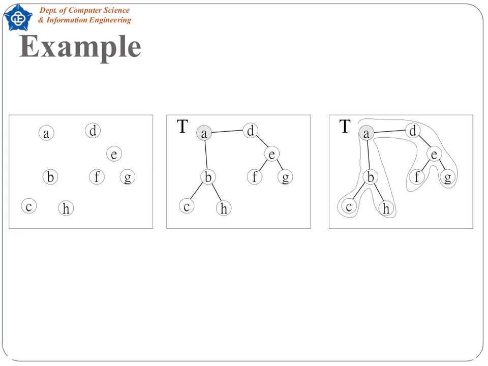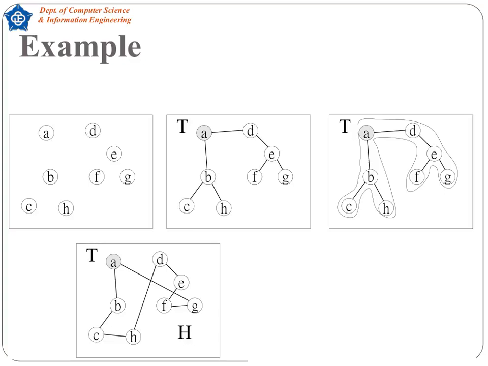One bag contains A, B, D, another contains D, E, F, G, and a third contains B, C, H. Notice how every original edge lies entirely within at least one bag, and each vertex appears in a connected region of the decomposition tree. This simple tree, with its overlapping bags, perfectly illustrates a valid tree decomposition.